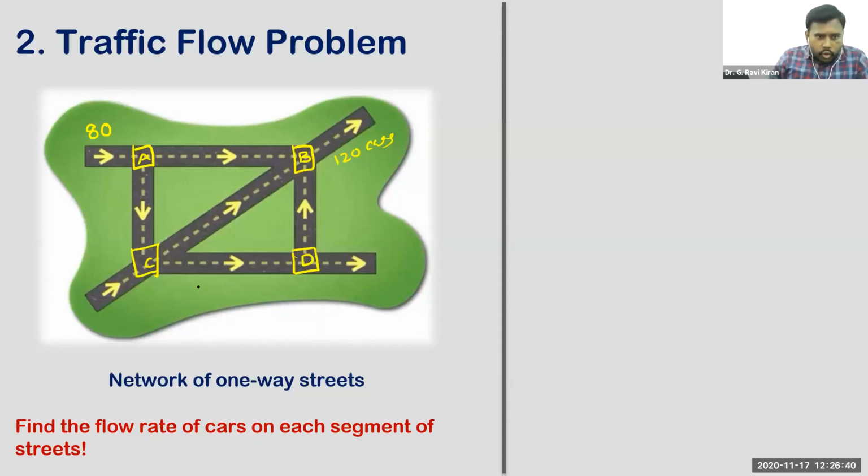Next, I'm assuming about 70 cars are traveling from junction C to junction D, and about 45 cars are traveling between junction D and junction B.